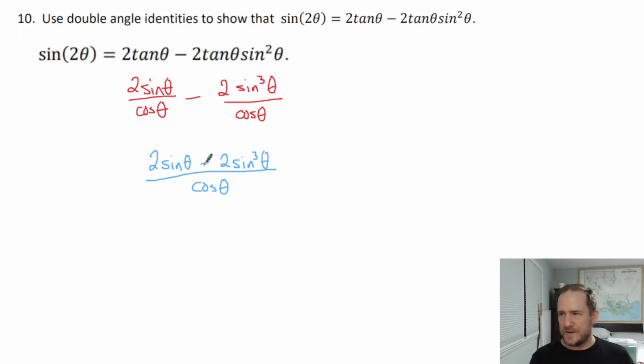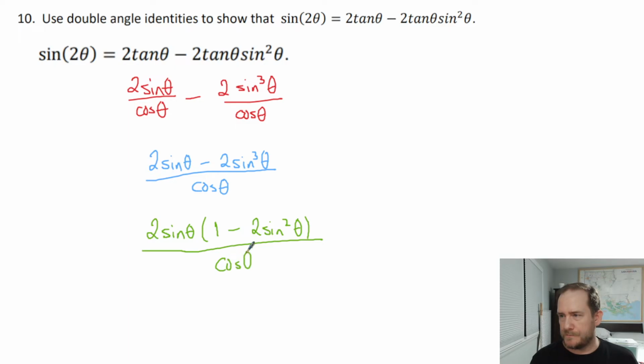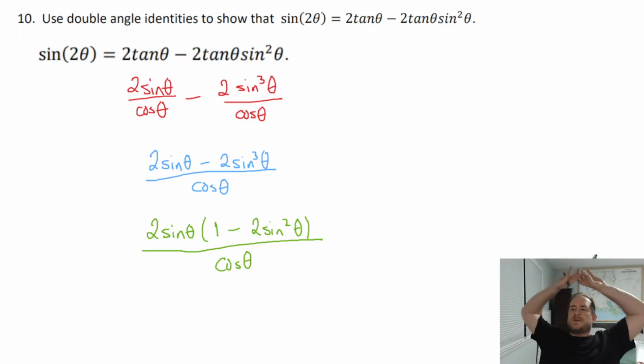I guess I'm factoring out 2 sine. Yeah, I see where this is going already. So if you factor out 2 sine theta, then you're left with 1 minus 2 sine squared, over cosine. Actually, maybe I don't know where this is going. Because that's cosine.